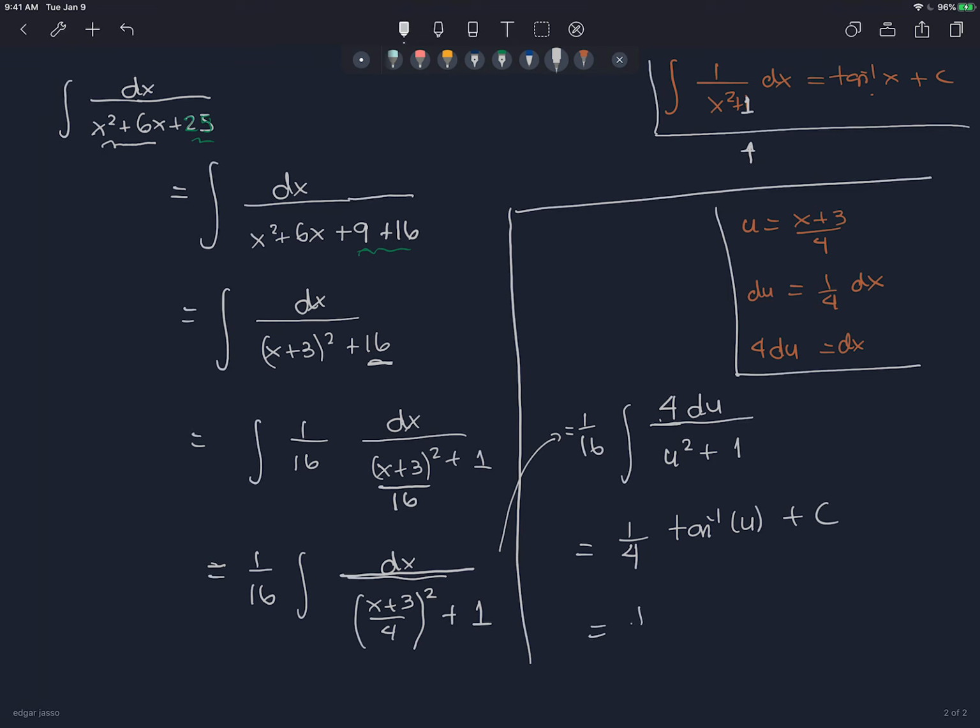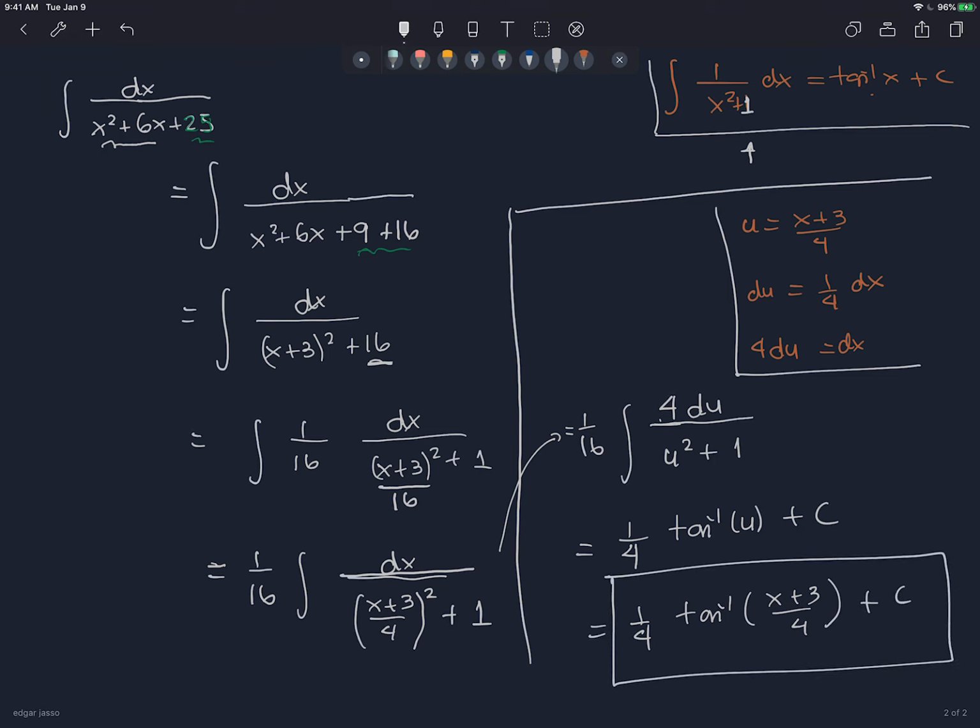So now go back to your x's. 1/4 of tan inverse of x plus 3 over 4 plus a constant. So there you go. It's the same rule as before, but I had to work a little bit more on it to make it look like I can apply this rule and then use a u substitution to make it work.